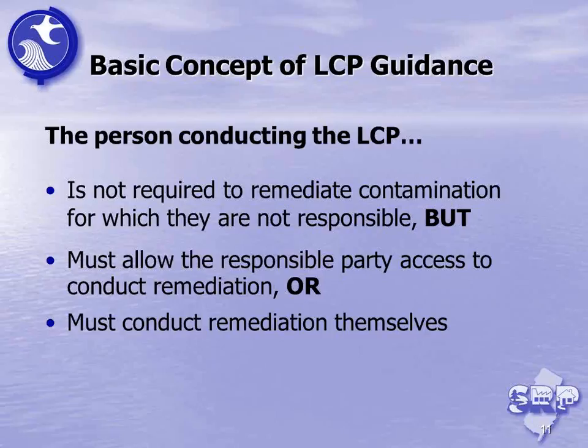So that's a very simple, straightforward thing. They are not responsible for doing it themselves if they're not a responsible party, but they would have to let the responsible party have access.